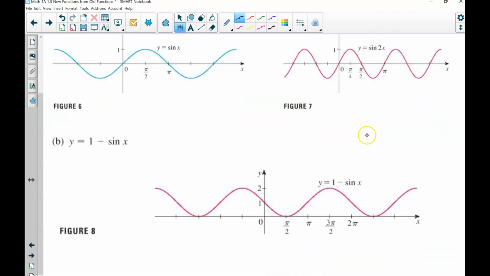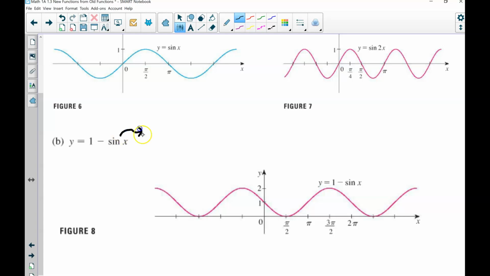Now, if we take a look at the next graph, we have y is equal to 1 minus the sine of x. So again, we're going to start with the graph y is equal to the sine of x as we have in figure 6. Now we're going to reflect about the x-axis to get the graph of y equals the negative sine of x.